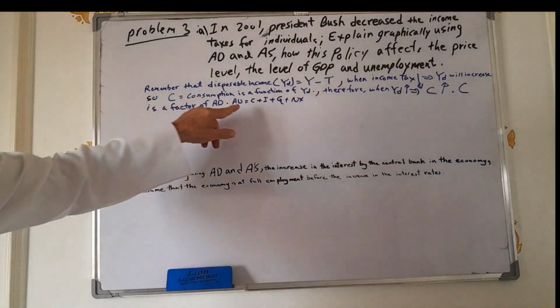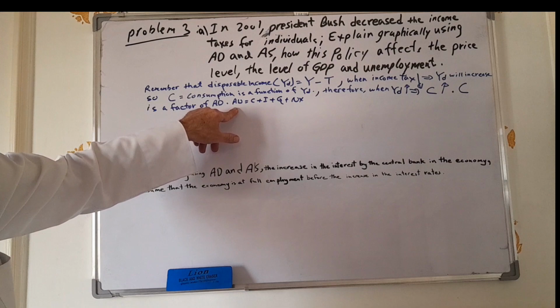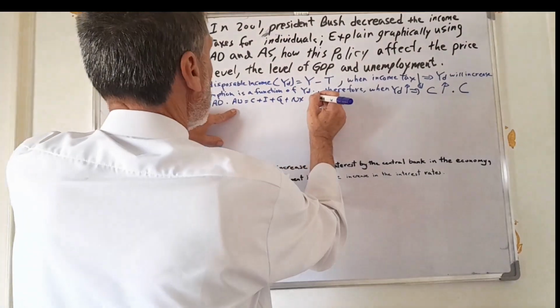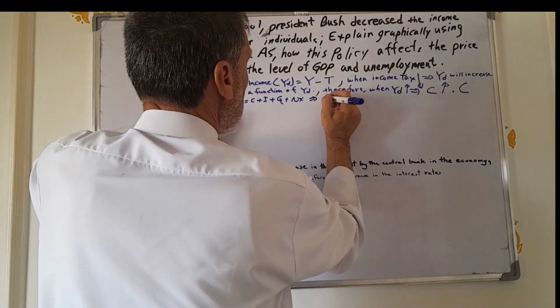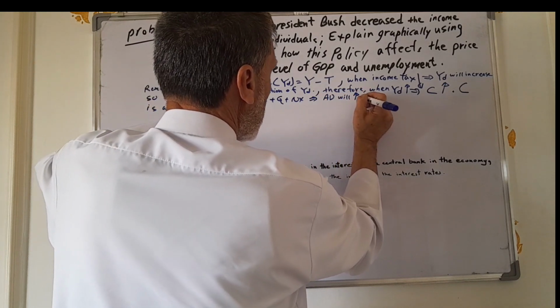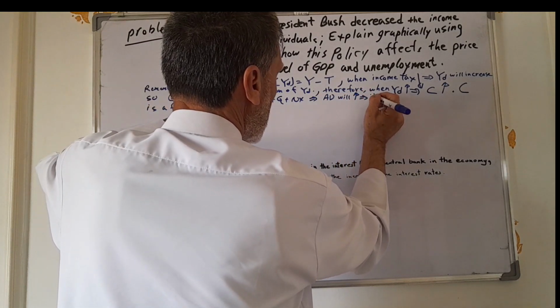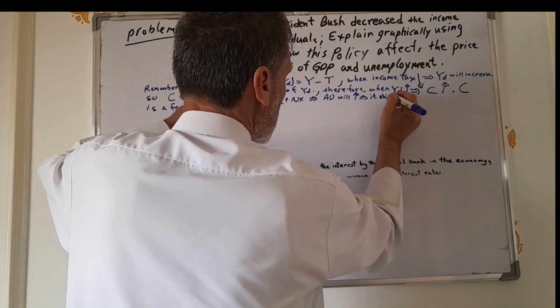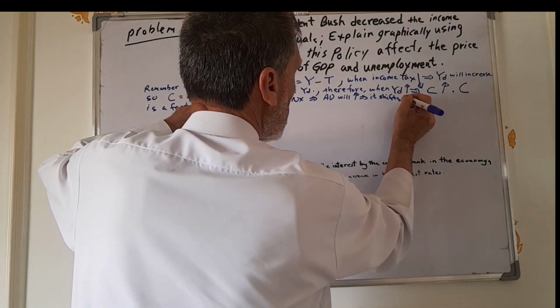Okay. So when C increases, aggregate demand will increase. This implies it shifts to the right.